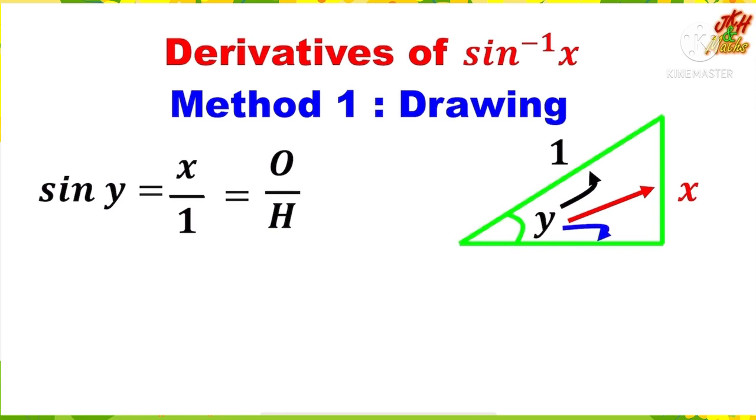Therefore, we can find the adjacent side to the angle y by applying the Pythagoras theorem. So the adjacent side is equal to square root of 1 squared, which is 1, take away x squared.